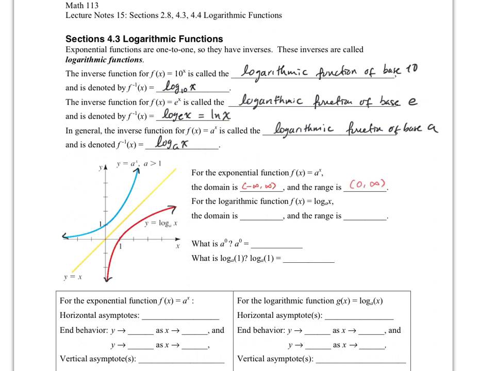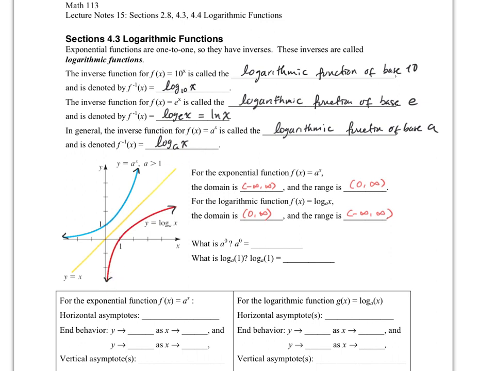This is what you had on the last quiz. Since the logarithmic function is the inverse, remember you switch the domain and range. Therefore the domain is from 0 to infinity, which is obvious from the red line. And the range is minus infinity to infinity, which again is obvious.